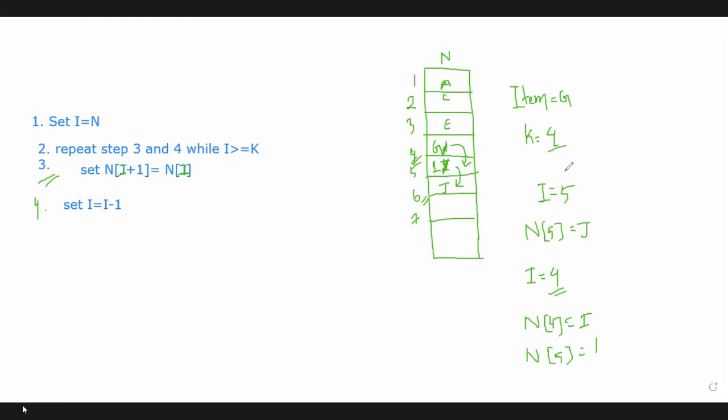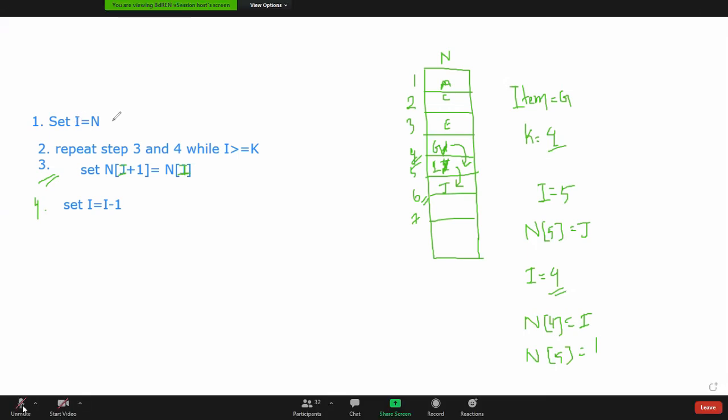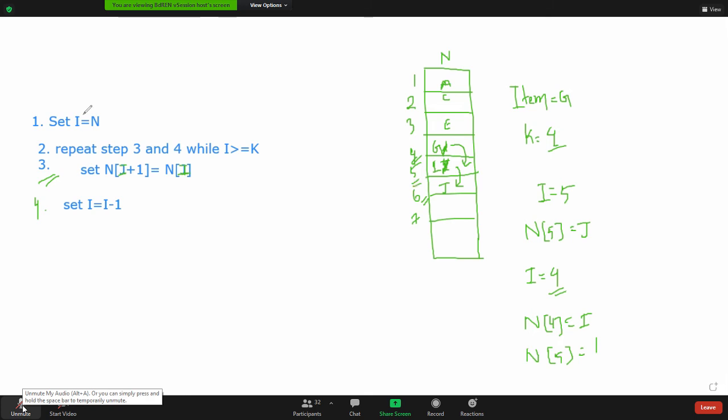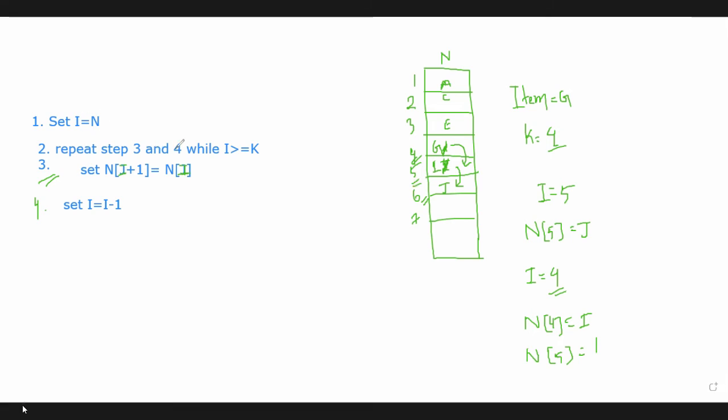Okay. So our first step was initialize a variable. Initialize the variable I, and the initial value of I is 5, the maximum value of this array, right? The maximum index value is 5 here. So I equals to 5. Then repeat step 3 and 4 while I greater than or equals to k.